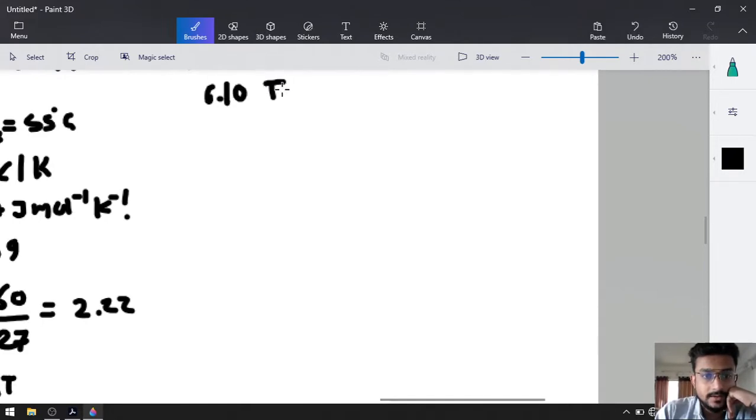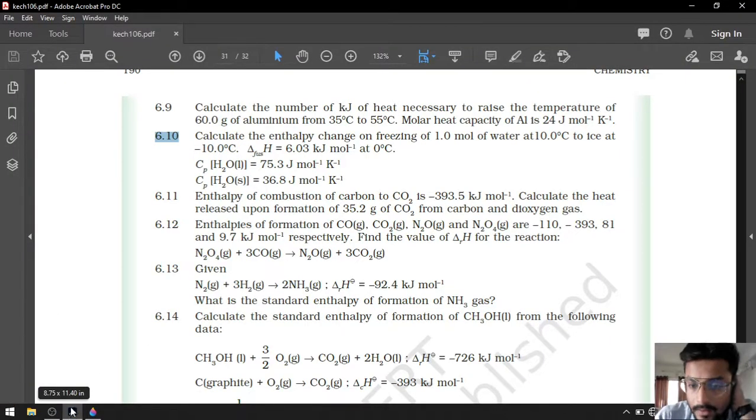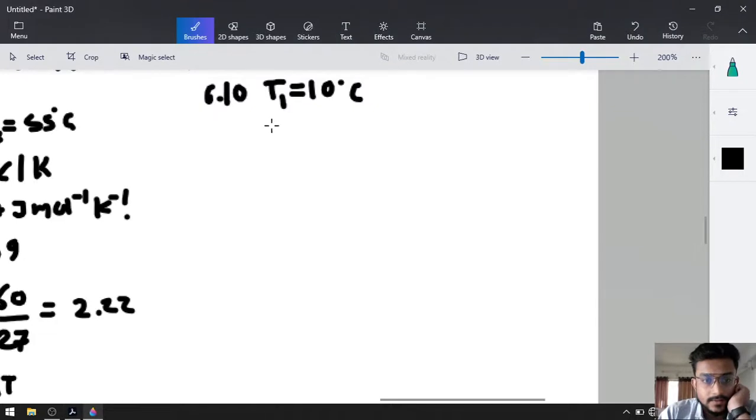The T1 is 10 degrees Celsius. After that, at minus 10 degrees Celsius, okay, T2 is minus 10 degrees Celsius.